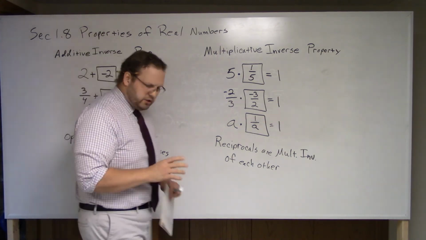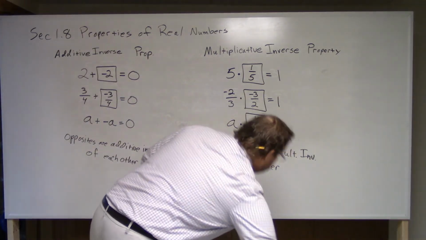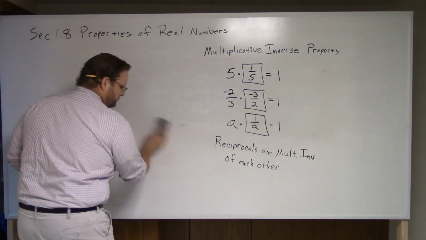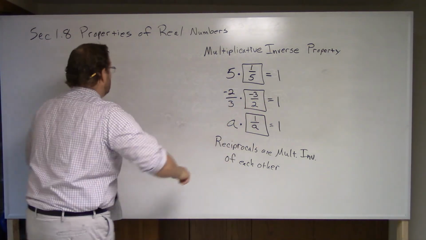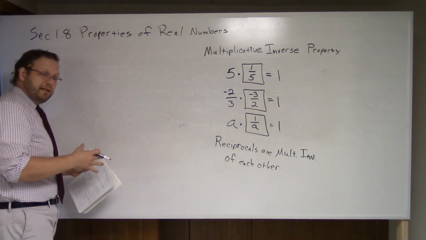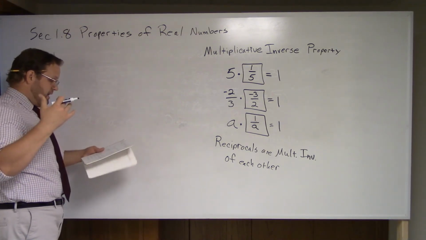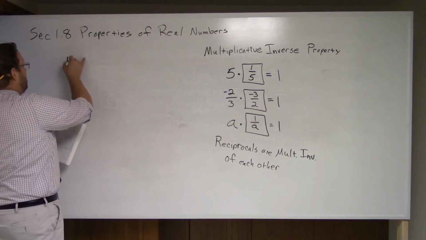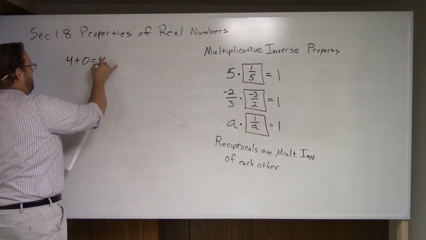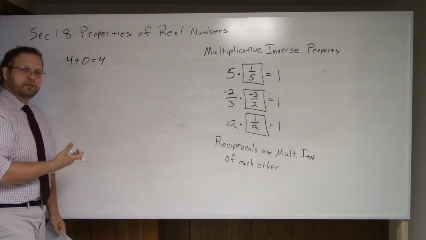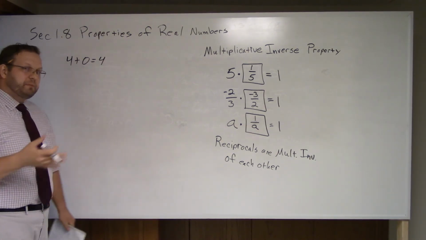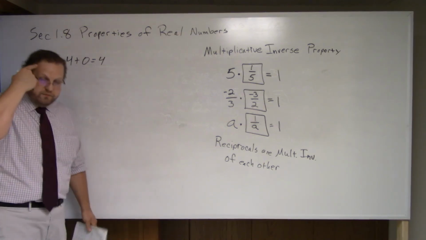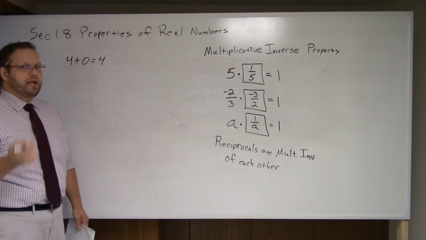Okay, let's go back to just a couple more quick examples of these, and then that'll be it. So again, I'm going to go back to those examples I had before where it said, name the property being illustrated. And how about this one? What property does that illustrate? Now this can be a little tricky because you see that 0, so you're thinking additive, but is it additive identity or additive inverse?